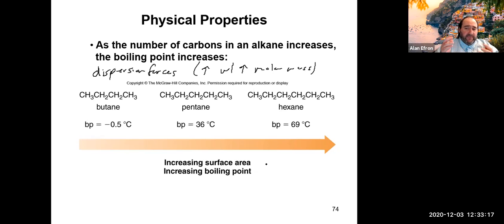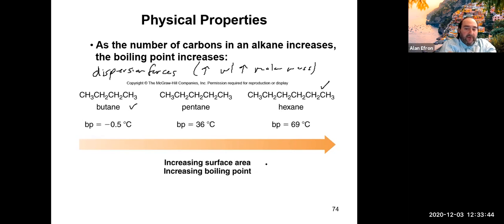So when we have dispersion forces and they create these temporary attractive forces, it increases with increasing molar mass. And that's because when we have something like hexane, there's more atoms. More atoms means more electrons. There's a greater opportunity for those electrons to move around and create those temporary charges than there is down here with butane, which has fewer atoms, fewer electrons.